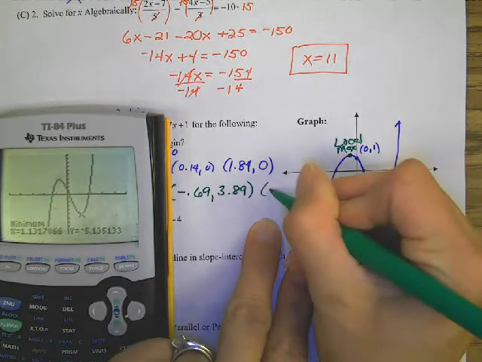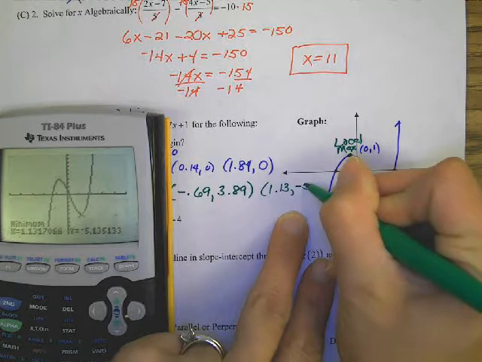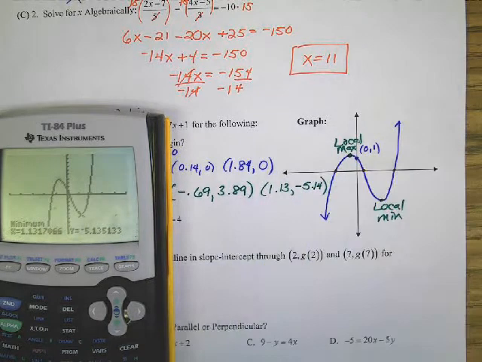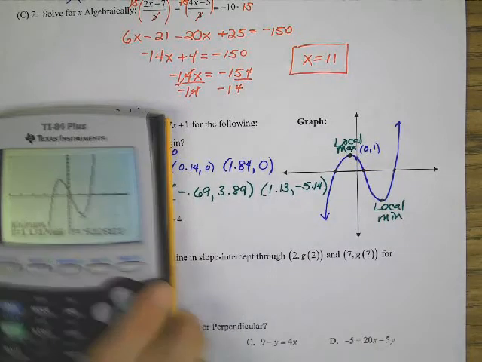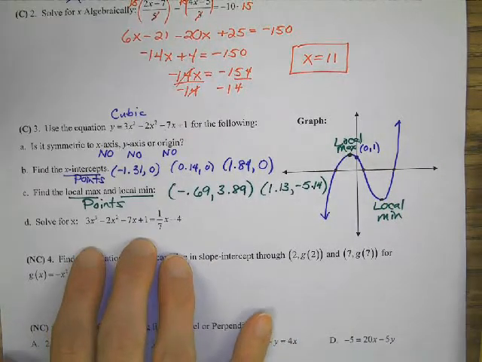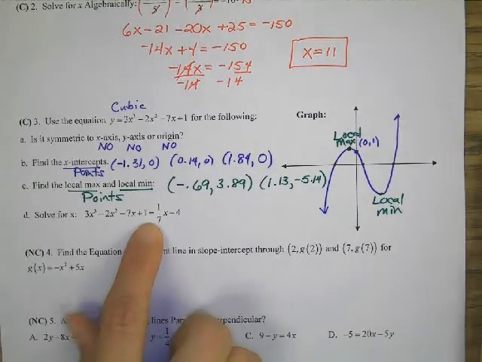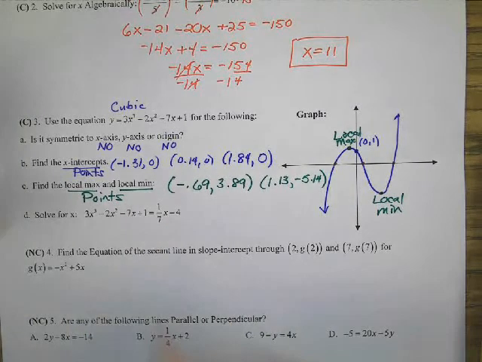All right, now something different is happening here with letter D. This is a solving problem. I notice here that this equation has only x's, so we need to state our answer as x equals.